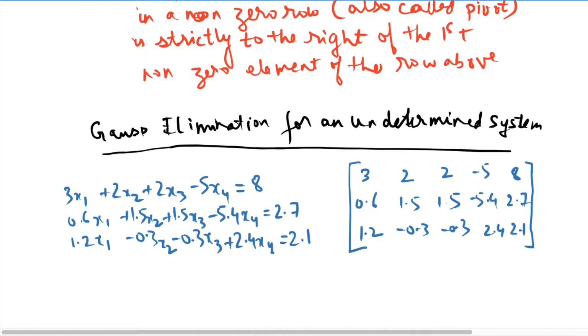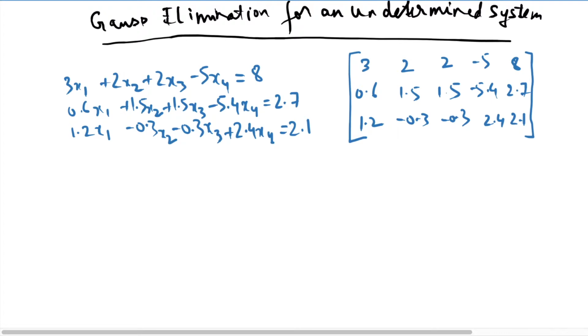Okay, so now, as always, we consider the first equation as the pivot equation and the first unknown in the pivot equation as the pivot. So we got x1 as the pivot, and the goal is to eliminate x1 from all the rows below it. So we got to eliminate x1 here, and this guy is the pivot.